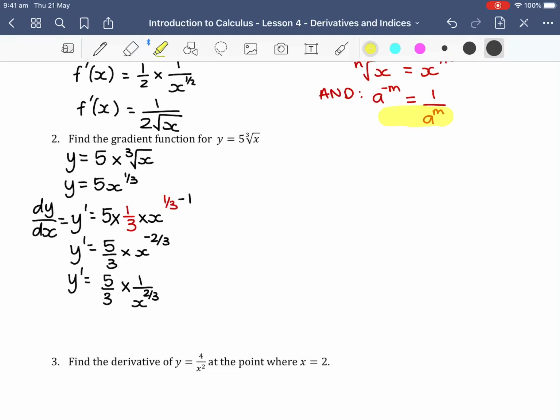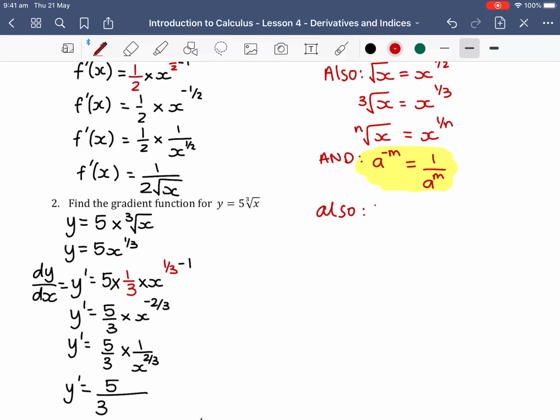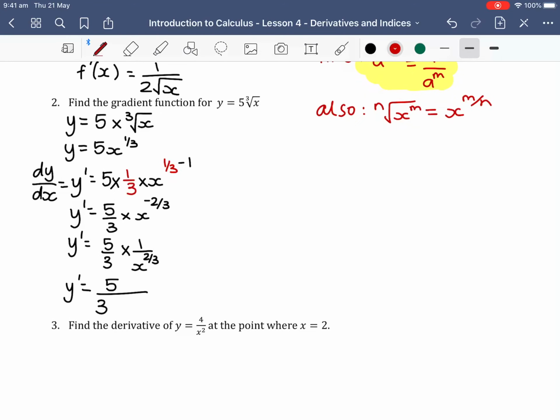That was using our negative index rule. So y dash equals, we multiply our tops together and our bottoms, so 5 over 3. And then remember also that the nth root of x to the power of m equals x to the power of m on n.